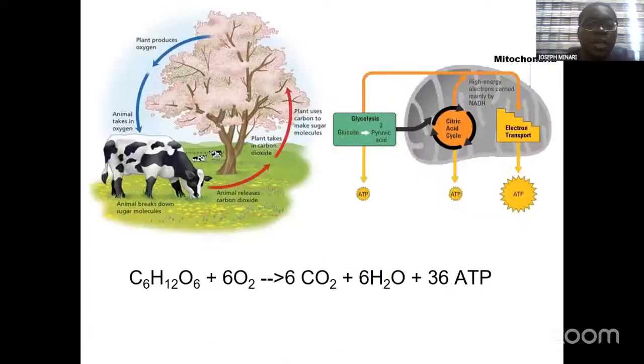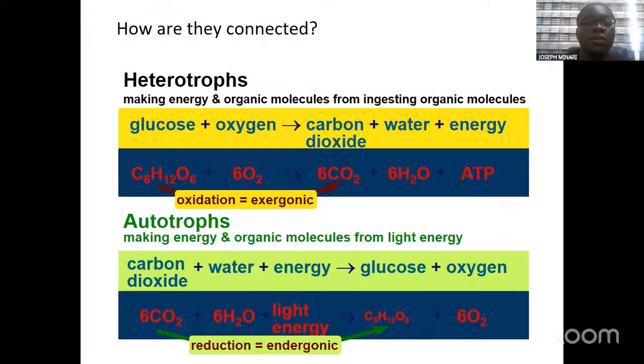We also said that a plant utilizes carbon dioxide and produces oxygen, and an animal utilizes the oxygen and produces carbon dioxide, for the plant to produce sugar. Heterotrophs, the ones that depend on autotrophs, get the glucose from them, combine it with oxygen and convert it to carbon dioxide and water, and ATP is produced.